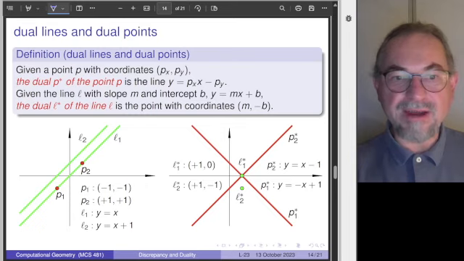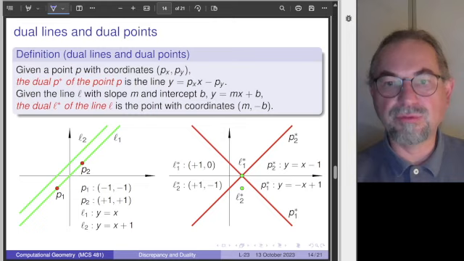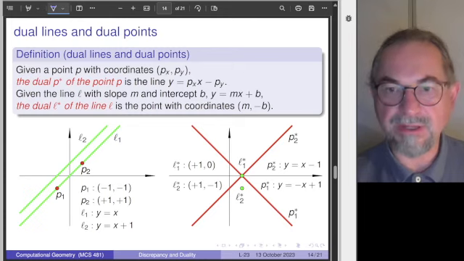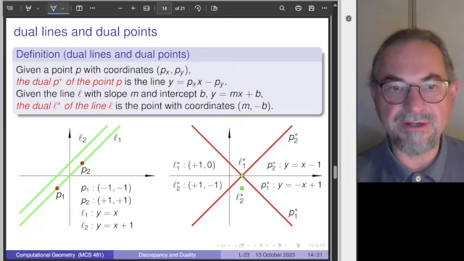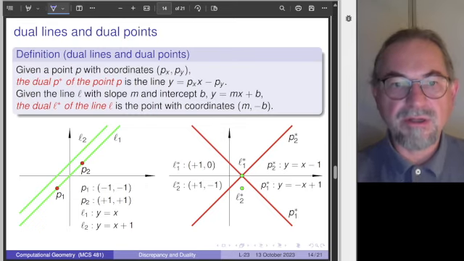So I worked it out with the coordinates. So we have P1 and P2. P2 has coordinates 1, 1. So this corresponds then to the line, sorry, P star 2 is y equals x minus 1.